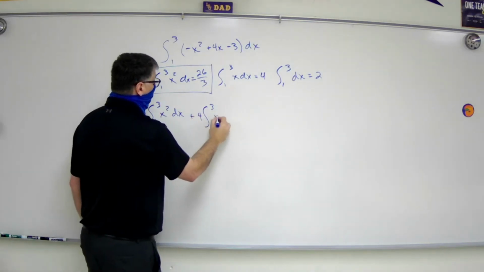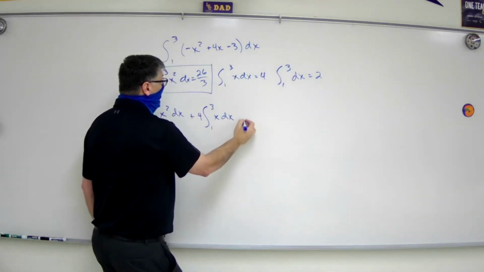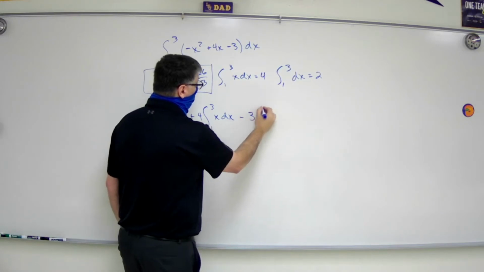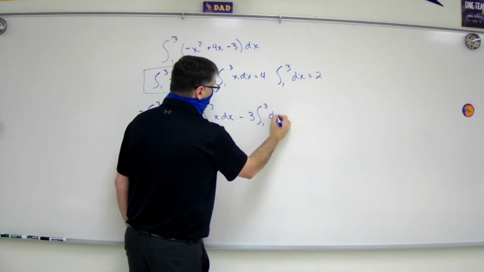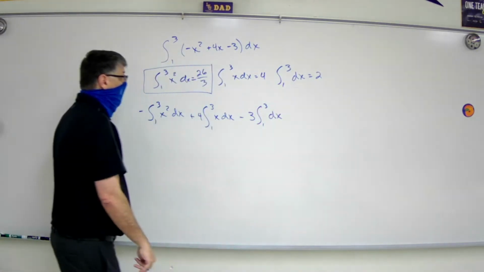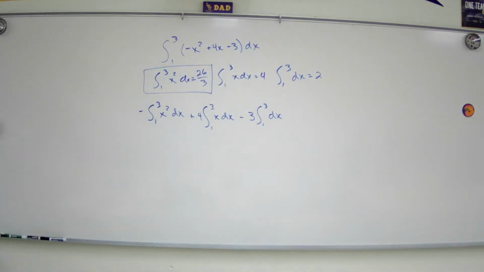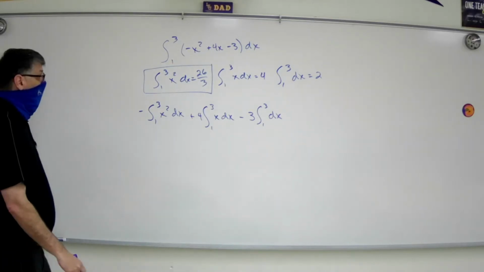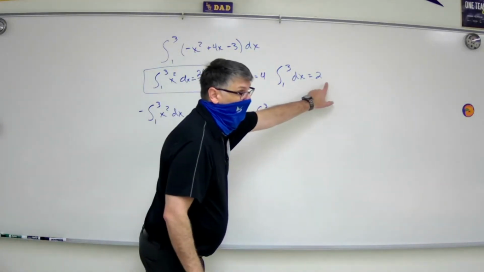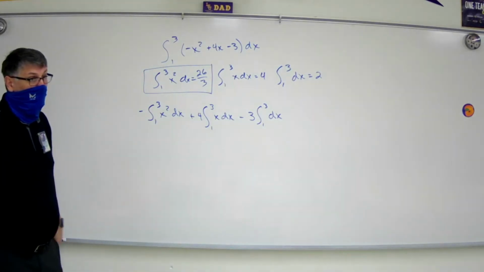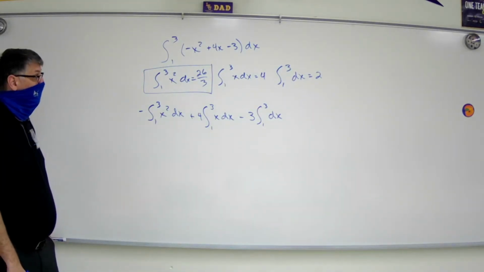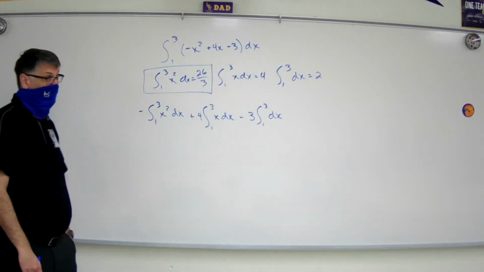In front, of x dx, minus, I'm going to put my 3 in front again, from 1 to 3 dx. Oh, okay, yeah, this is a 2. The 3 is a constant, I'll pull it out.